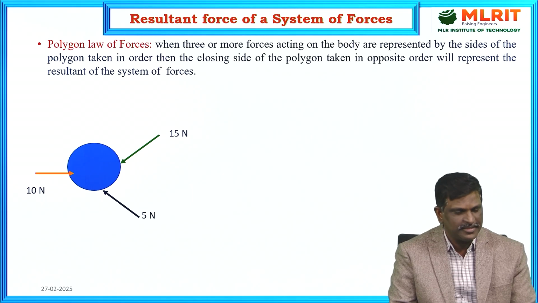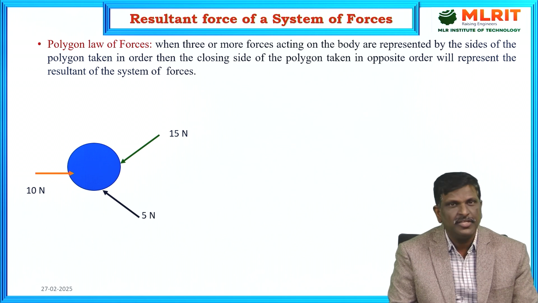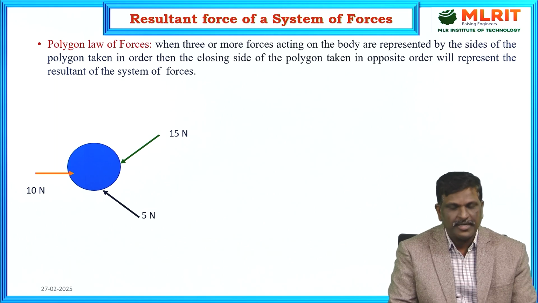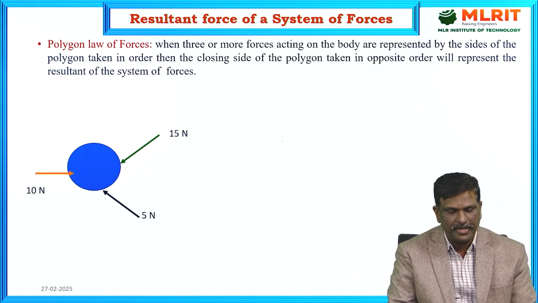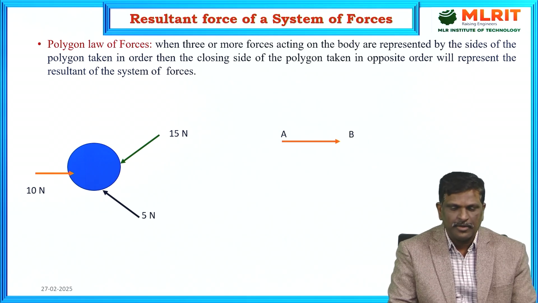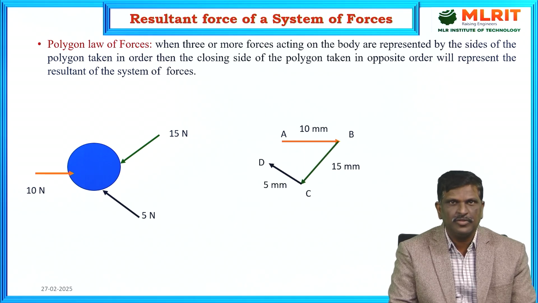Let us see the example. Three forces are acting on the body. Now draw the force polygon by considering a suitable scale. The 10 Newton force is represented by a 10 mm line in the same direction, and the other forces will also be represented by lines. Now these forces are drawn in order.